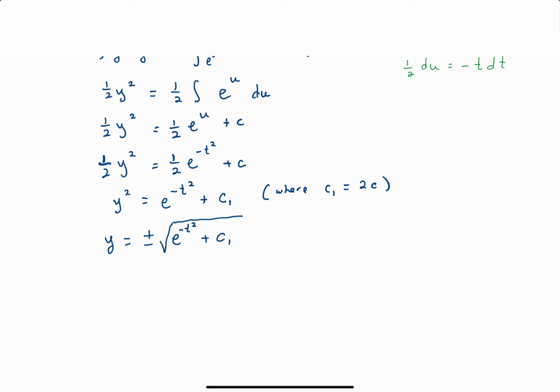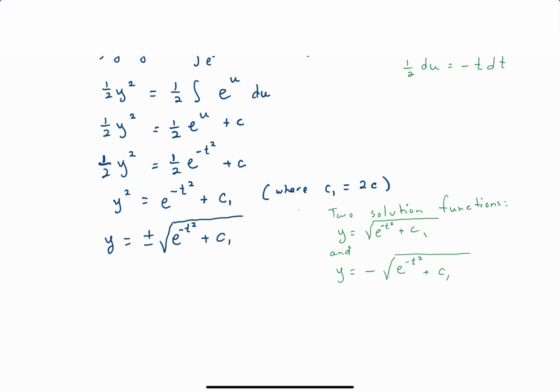By the way, although it's fine to leave your solution like this, just be aware that there's actually 2 solution functions described here. There's y equals the positive square root of e to the minus t squared plus c1, and y equals minus the square root of e to the minus t squared plus c1.